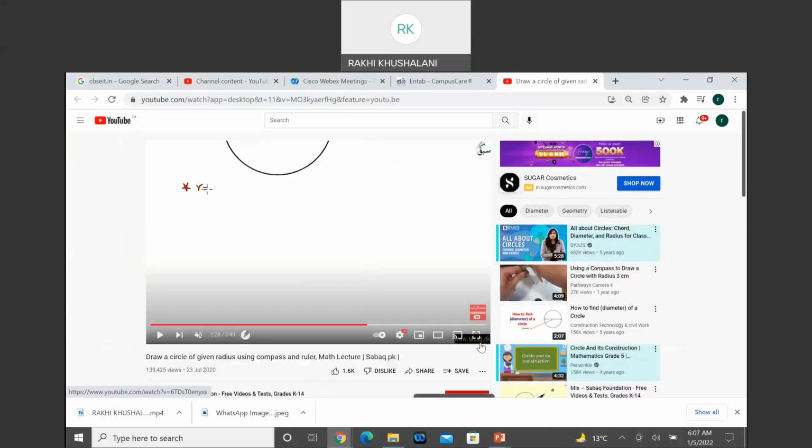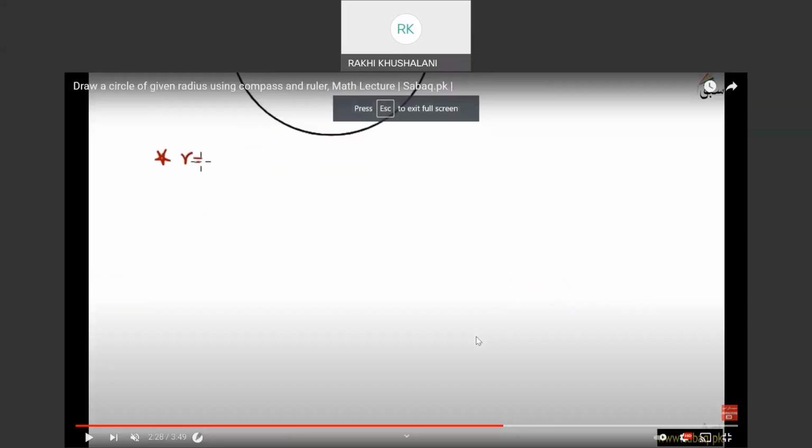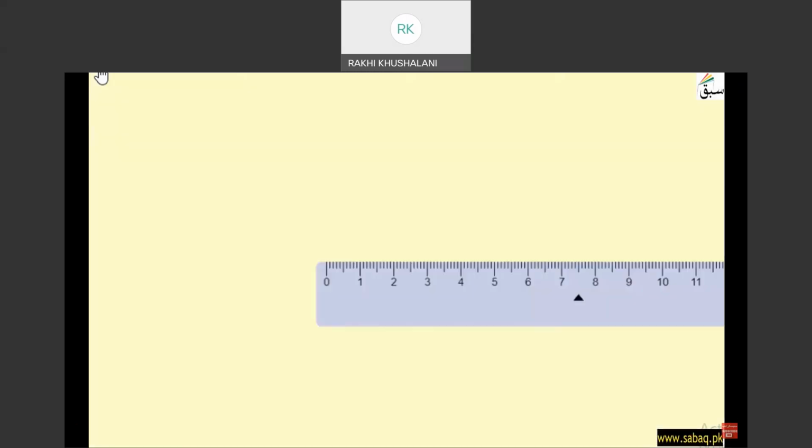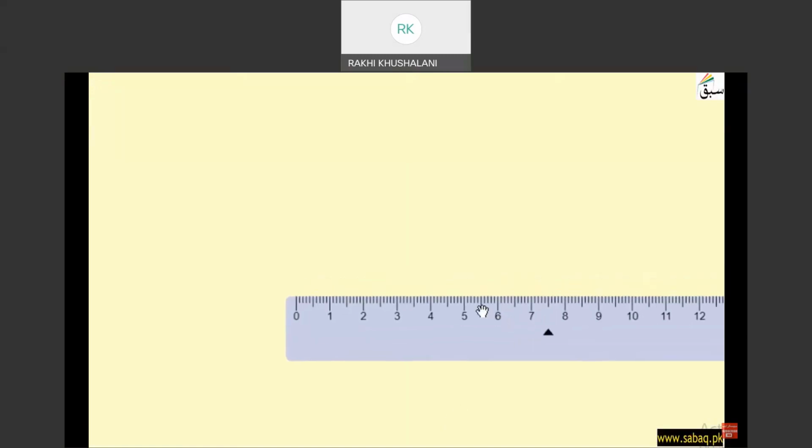One more radius of 2 centimeter. Okay, pick up your scale. Keep your pencil at 2. Draw it, the 2 centimeter.